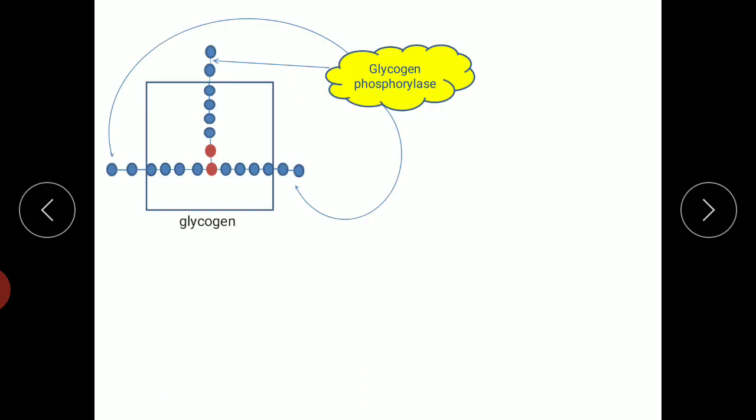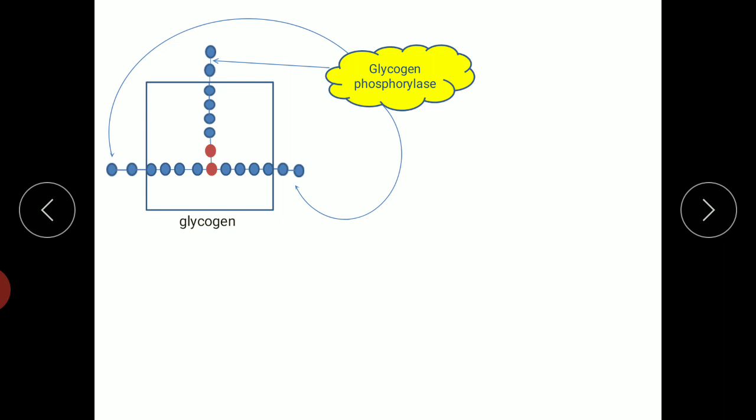This is a small representation of the glycogen molecule, a small part. You can see the red bubbles, that is the branching point, and in the yellow box it's written glycogen phosphorylase. Glycogen phosphorylase is capable of breaking alpha 1,4 glycosidic bonds.